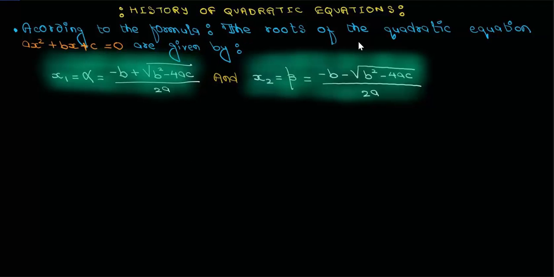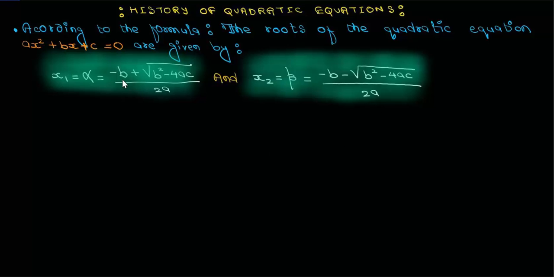According to the formula, the roots of the quadratic equation ax square plus bx plus c are given by, there will be two roots. One root will be x1, we call it alpha, which is equal to minus b plus square root of b square minus 4ac by 2a, and another root will be x2, which we represent by beta, which is equal to minus b minus square root of b square minus 4ac by 2a.